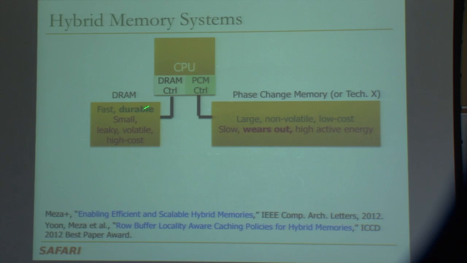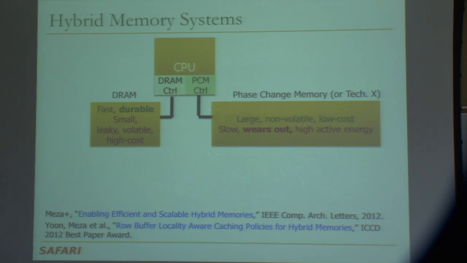You have some amount of DRAM that's fast and that's durable, but that needs to be small because it's higher cost. It's less scalable than some other technology. It's leaky. That's another reason why it needs to be small. And it's volatile also. Whereas you have another technology that can be large because it's more scalable. It's non-volatile, and it's low cost, but it's slow, and it wears out.